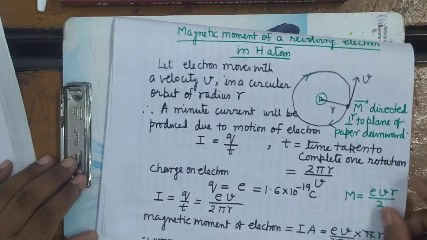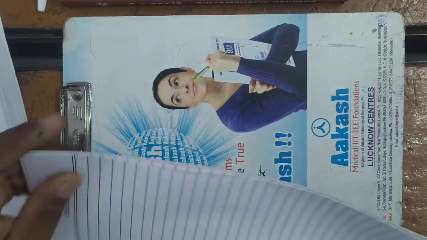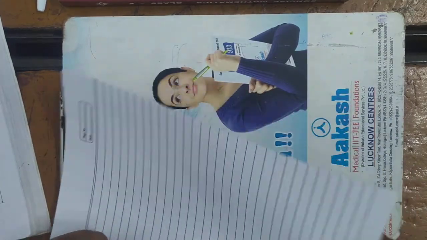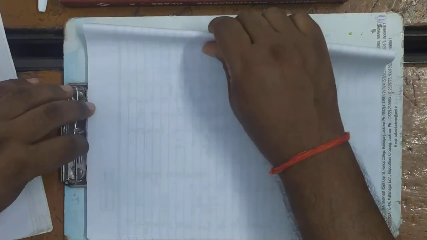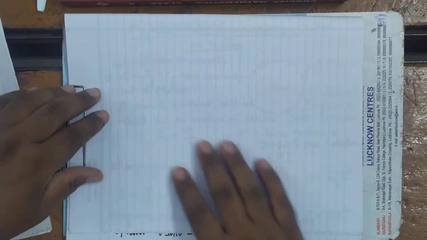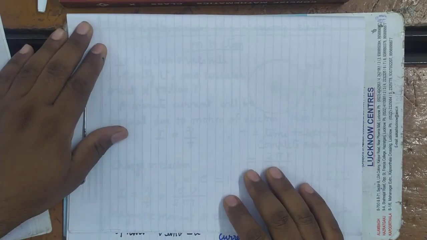It's clear. Then I have told you what the magnetic field due to a magnetic dipole is at any point on the axial position and at any point on the equatorial position. Already I have told this.